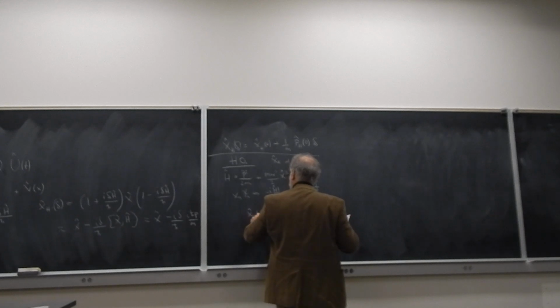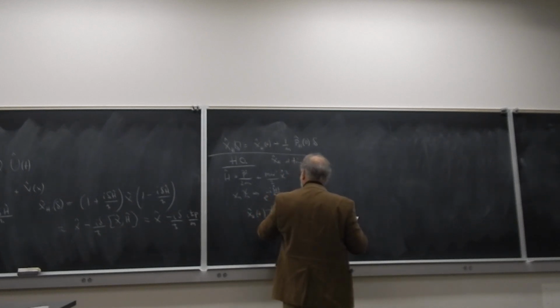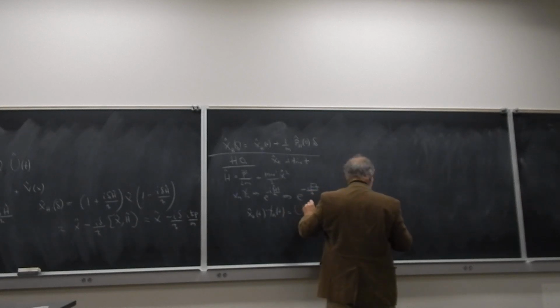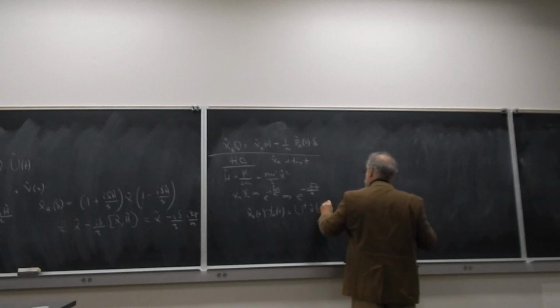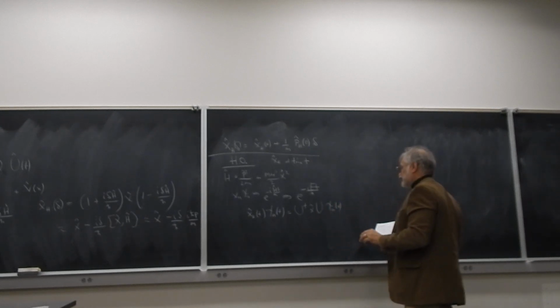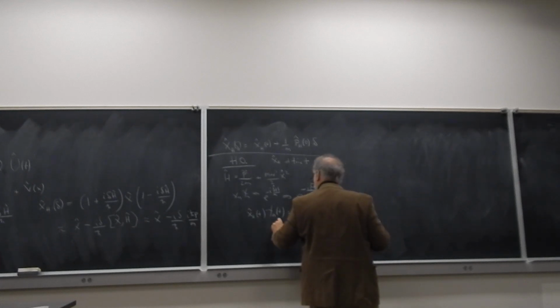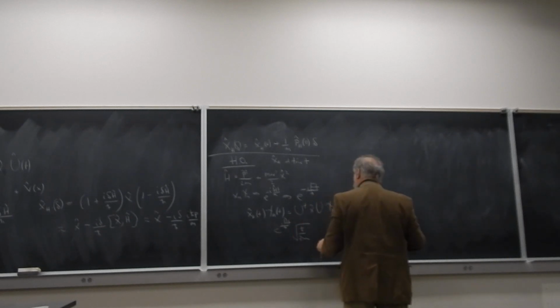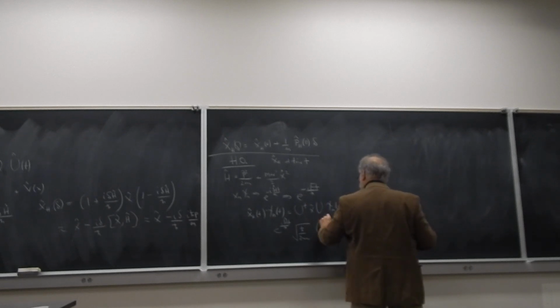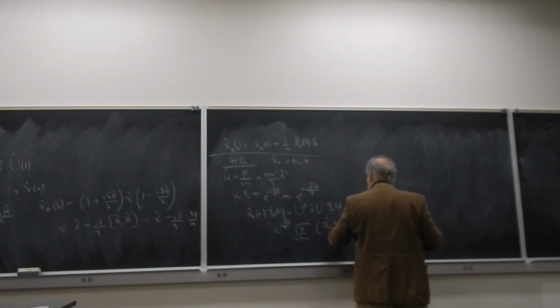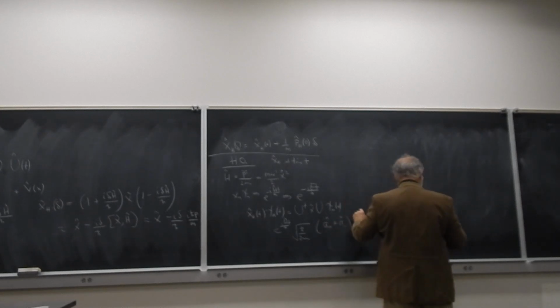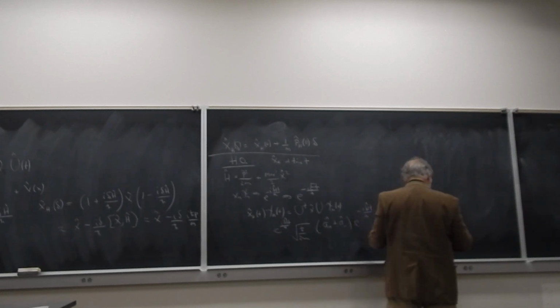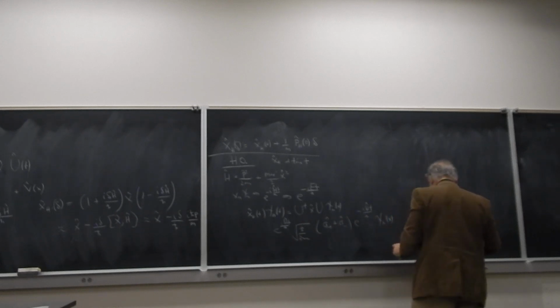So x of t operating on psi sub n is U dagger x operator U psi sub n of x, which I can write as e to the i H t over h bar times the square root of h bar over 2m omega, (a plus a dagger), my raising and lowering operators, e to the minus i H t over h bar times psi sub n of x.